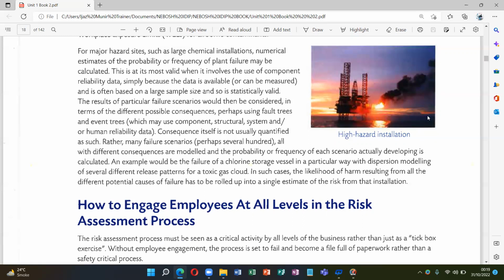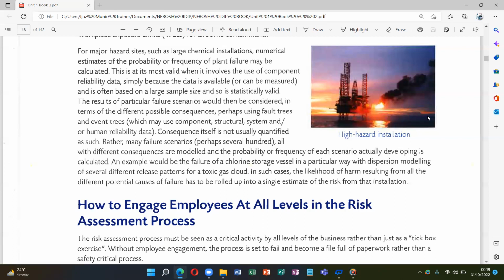The result of particular failure scenarios would then be considered in terms of the different possible consequences, perhaps using fault trees and event trees, which may use component, structural, system, and or human reliability data.